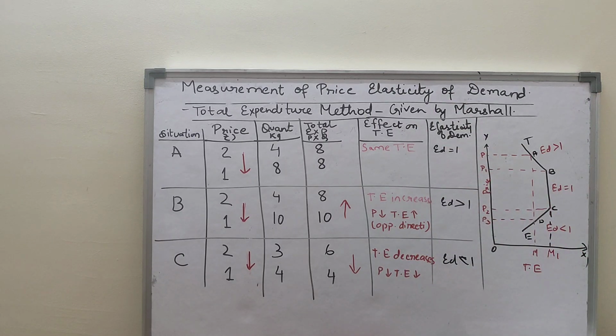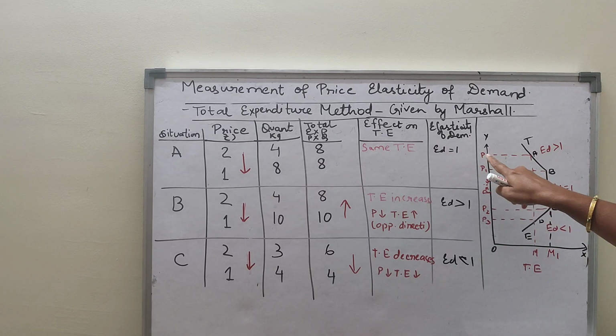Moving on to the diagram, here I have taken TE as the total expenditure. On the OX axis I have taken total expenditure. Here on the OY axis I have taken price. Clear? Now see, children, when price is OP, can you see OP?